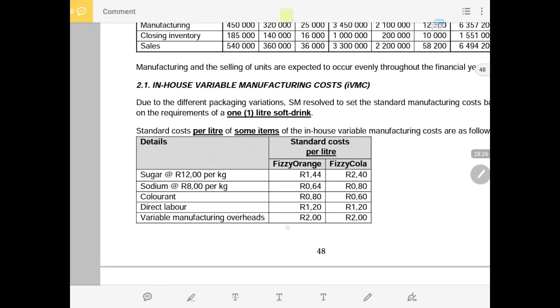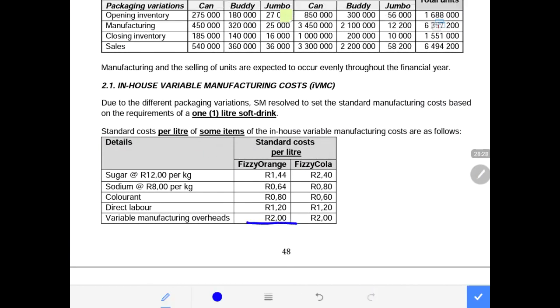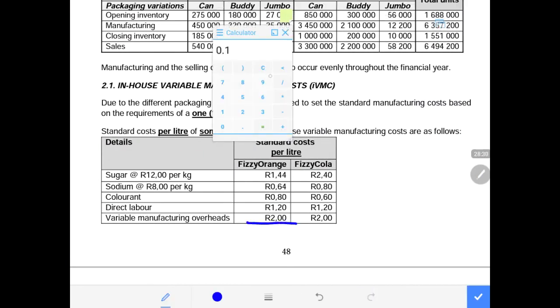Now let me just get my total of all this in-house variable manufacturing overhead cost. 1 rand 44 cents plus 0.64 plus 0.80 plus 1 rand 20 cents plus 2 rand. Then we have 6 rand 8 cents.